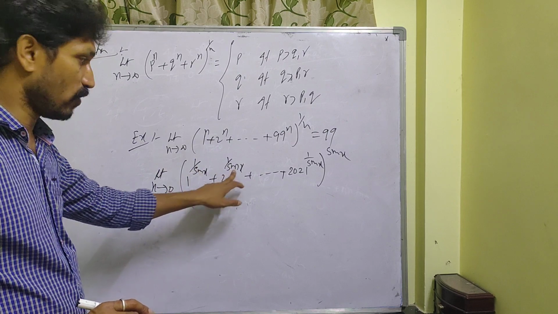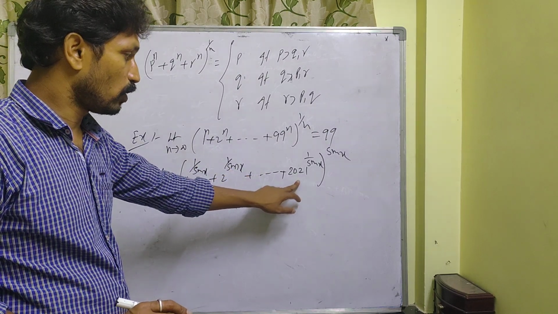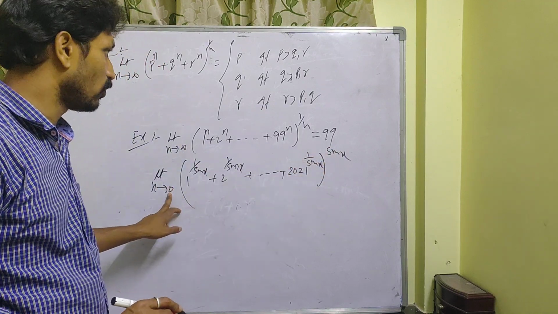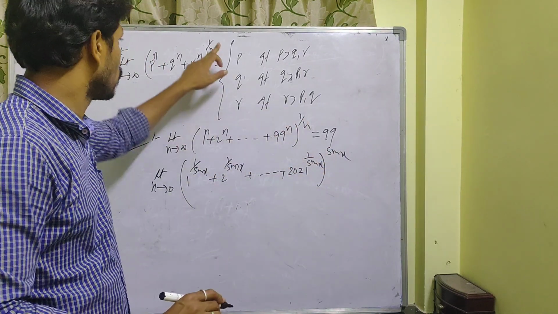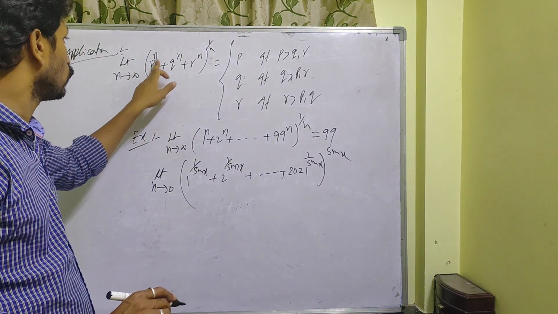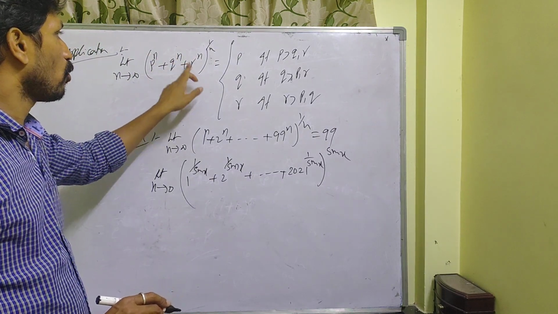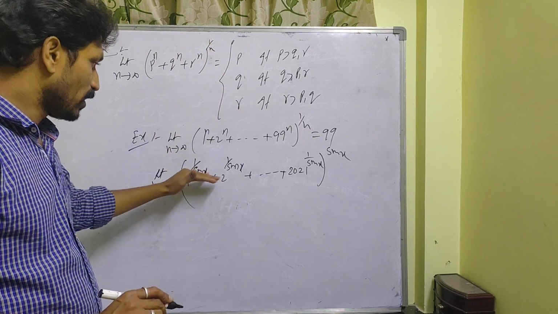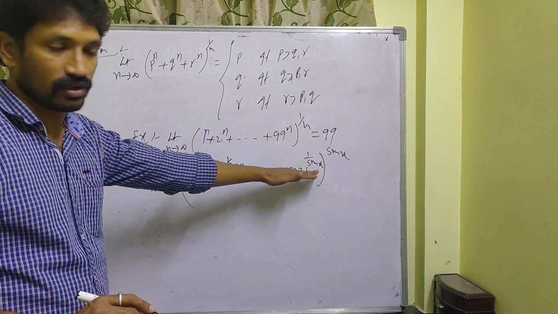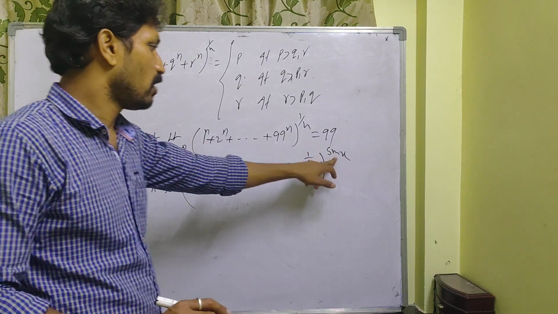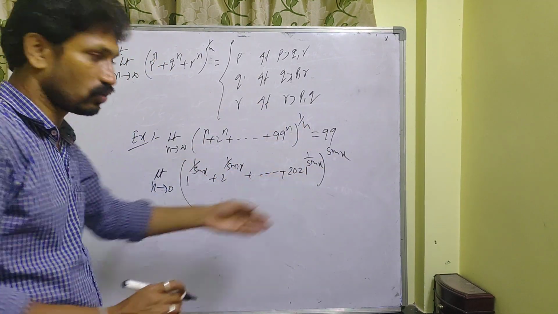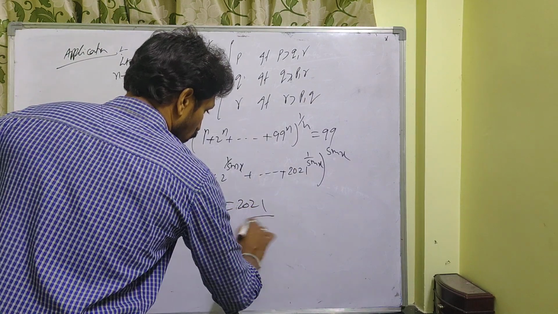So this is 1 power infinite, 2 power infinite, up to 2021 power infinite, whole power sin 0, that is 0. Same structure only. All of these tend to infinite and the power tends to 0. So what is the biggest number here? 2021. So that is your required answer.